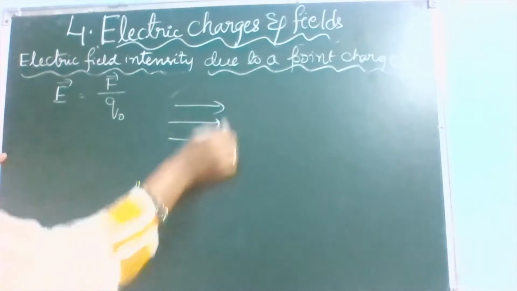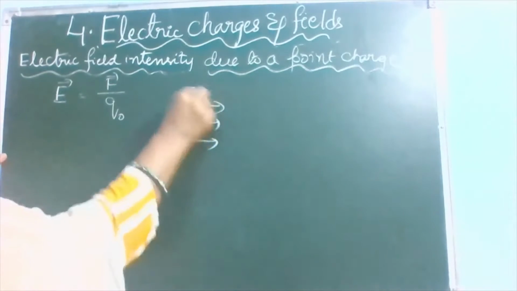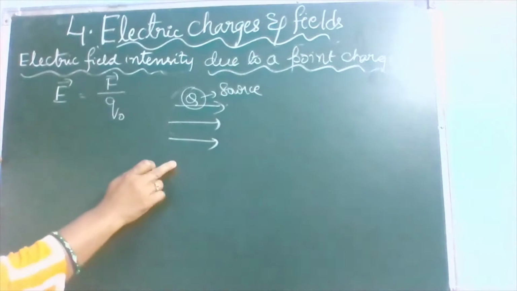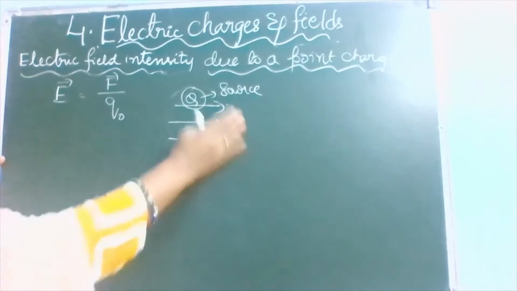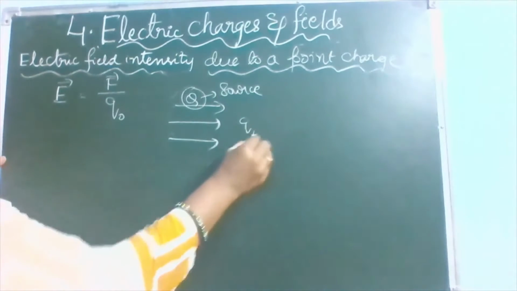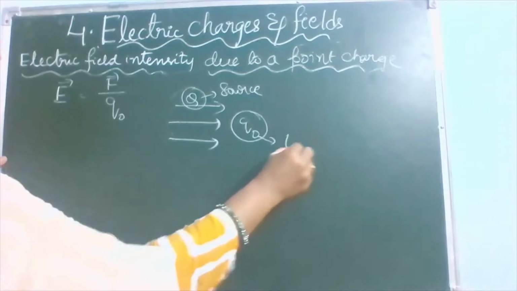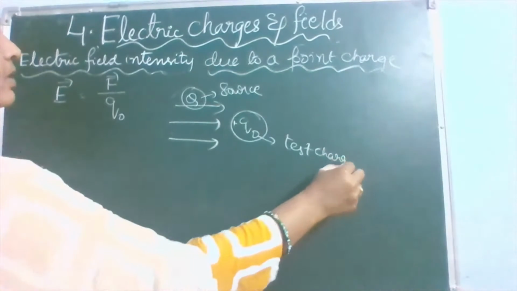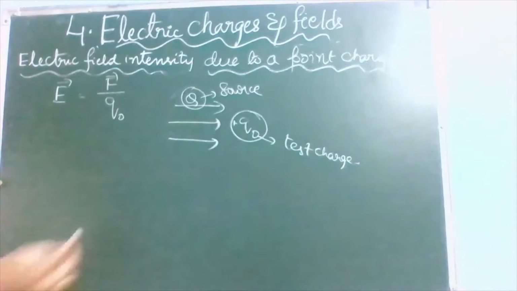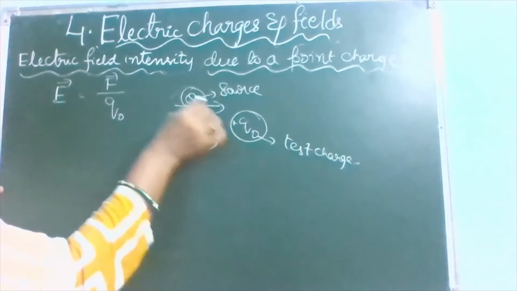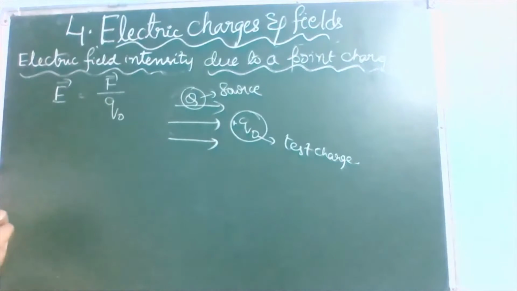In this electric field, suppose there is a source which is producing this electric field. If a test charge, which should always be taken as positive, is placed in this field, it experiences some force by this electric field.